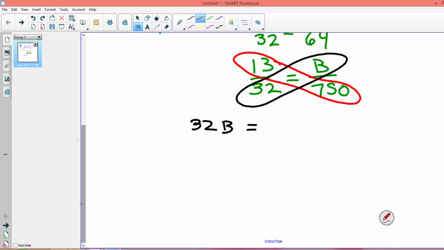And 750 times 13, I'm grabbing a calculator, would be 9,750. And then to solve this problem, to isolate the b, you would undo 32 times b through division. And you would get 304.68.